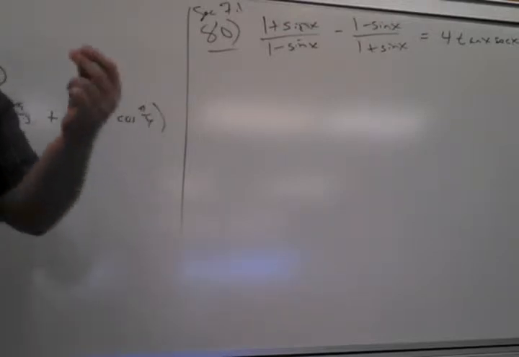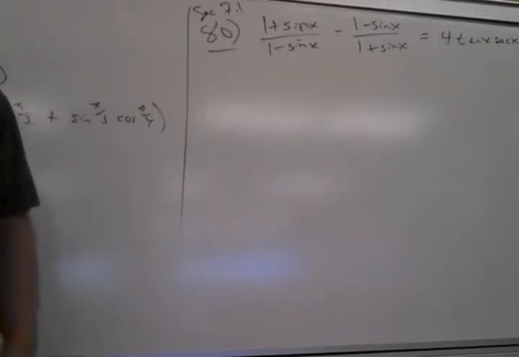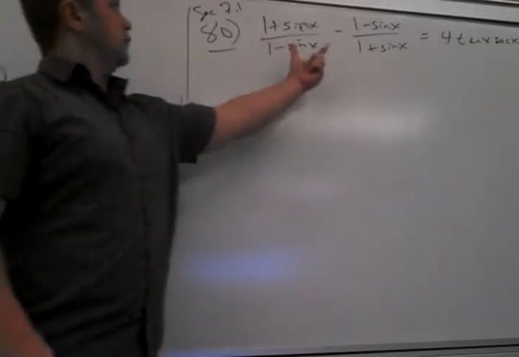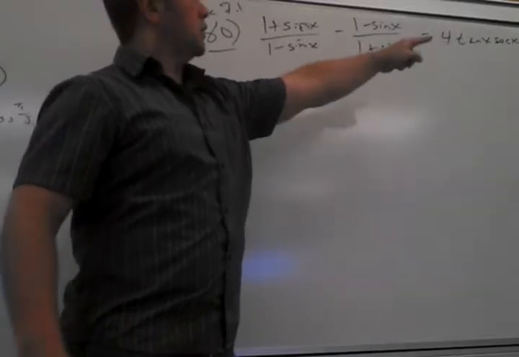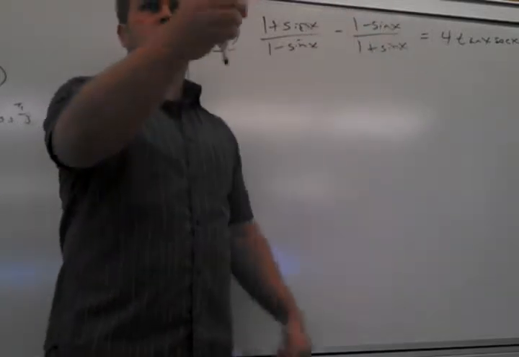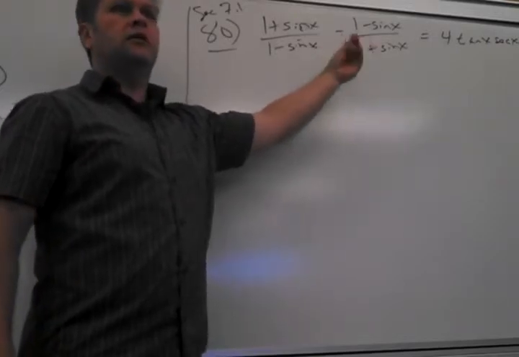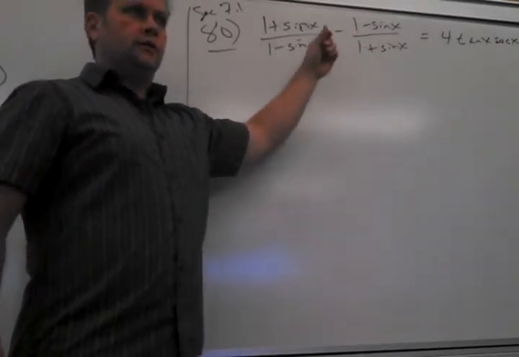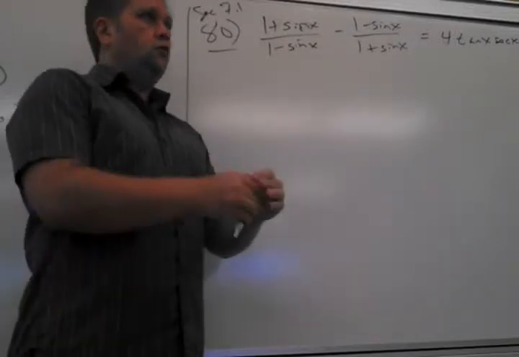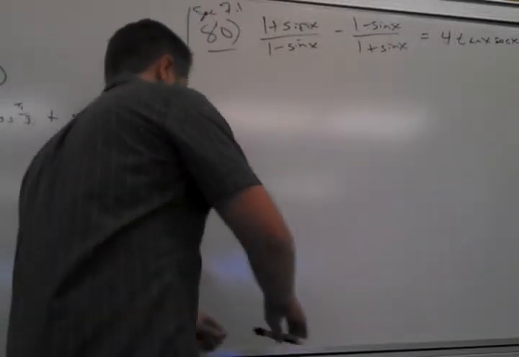It just tells you what you got to do. I've got two terms here. How many terms do I got over there? One. Good. There's no pluses and minuses. The quickest way to make two terms become one is to put them together. I need the LCD to do that.